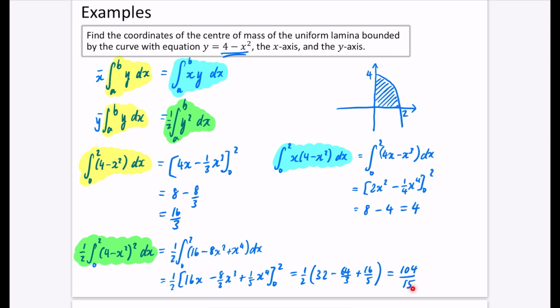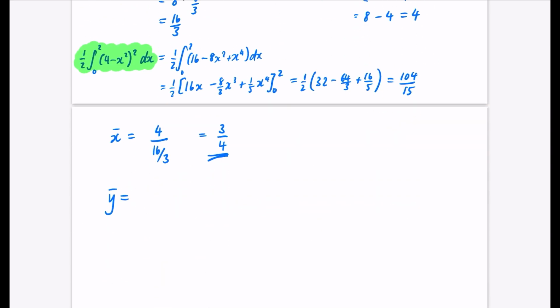So it's 104 over 15 divided by 16 over 3, which is 13 over 10 that we've got for that part.